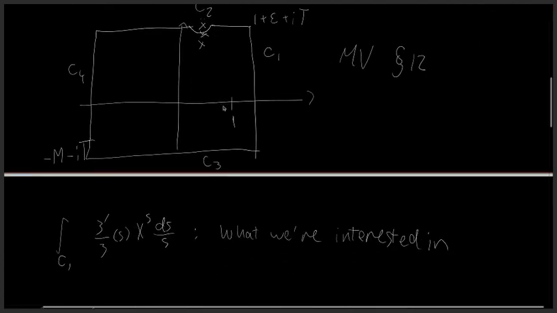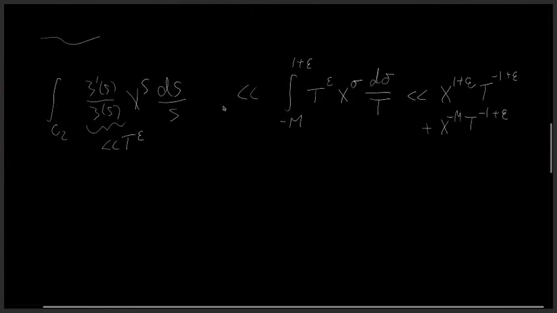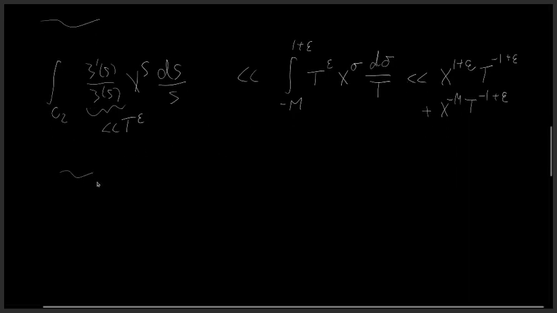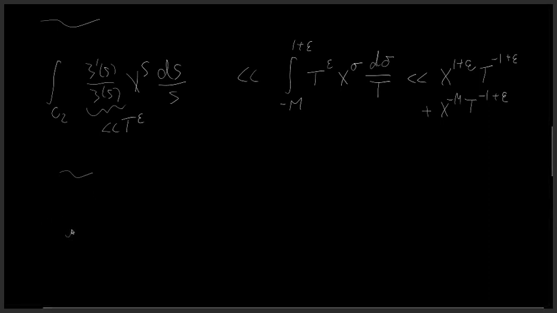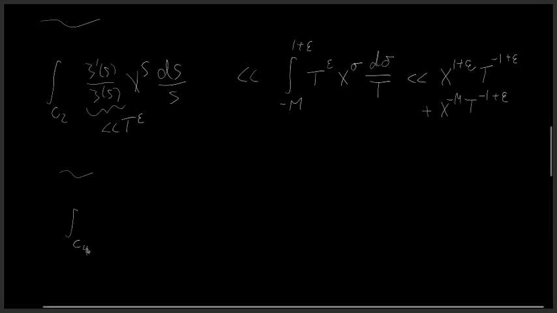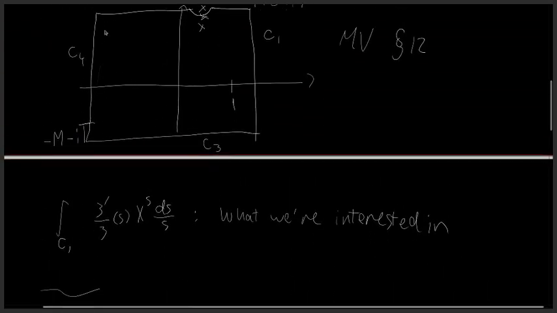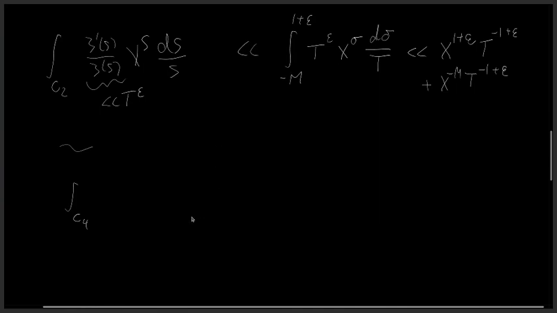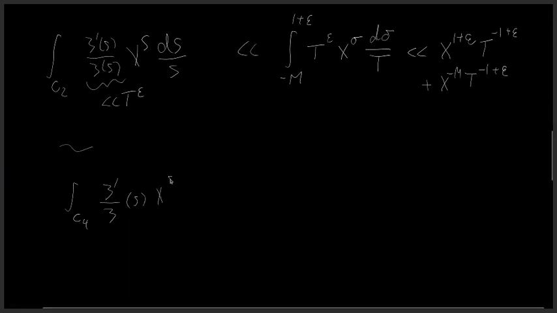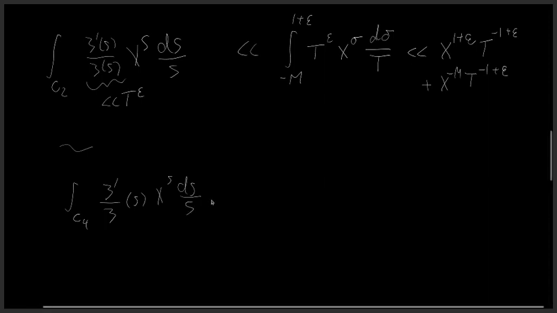So we still end up with the same bound here, but there's some subtlety in what's happening. And then finally, for the integral along C4, this is the left edge of the rectangle, right here, of zeta prime over zeta at s of x to the s ds over s.